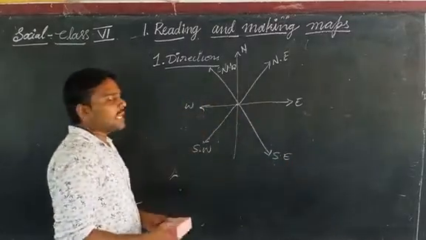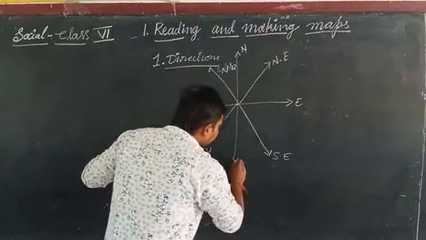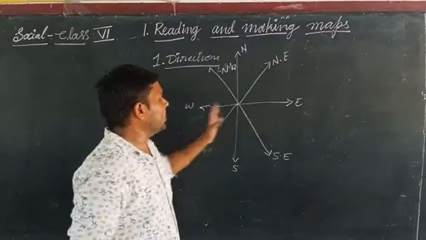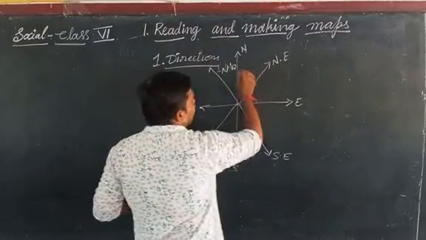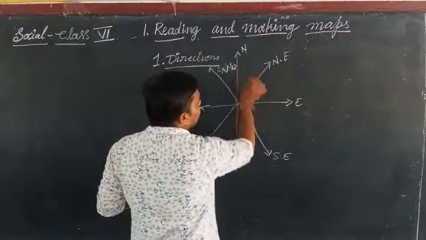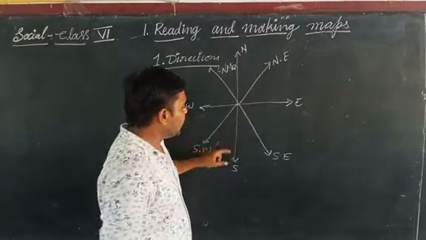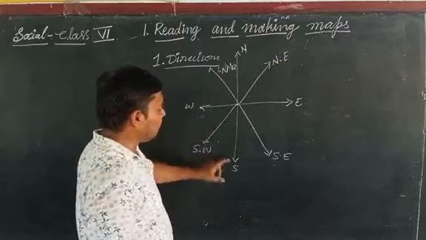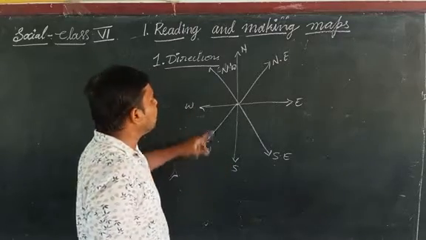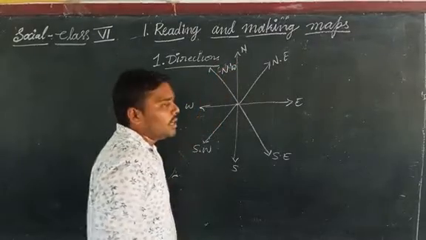These are the types of directions. The 4 main directions are north, south, east, and west. The direction lying between north and east is called northeast. The direction lying between east and south is called southeast. The direction lying between south and west is called southwest. The direction lying between north and west is called northwest.